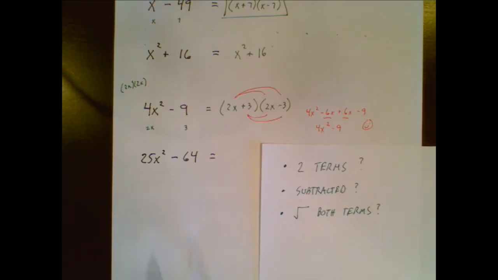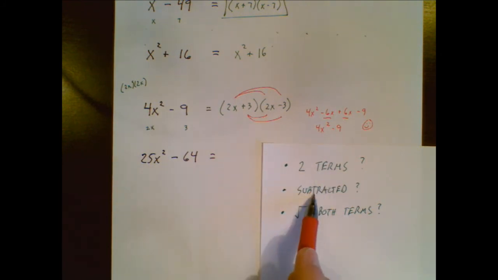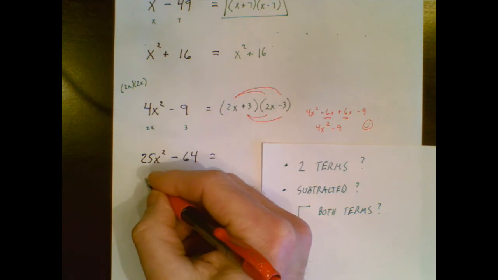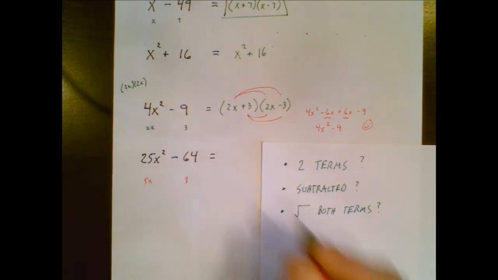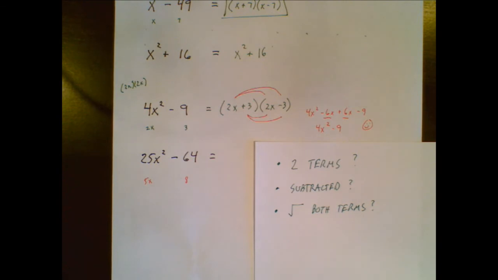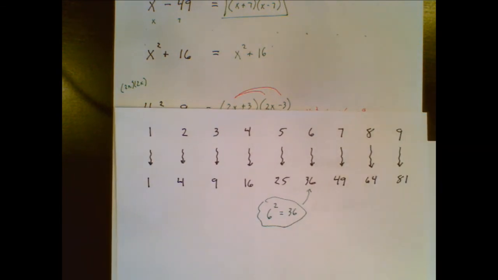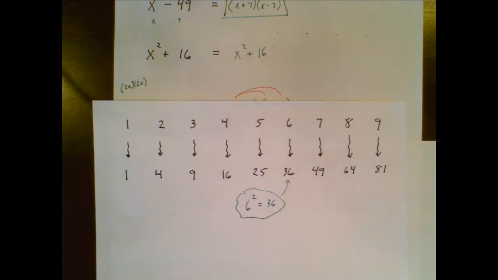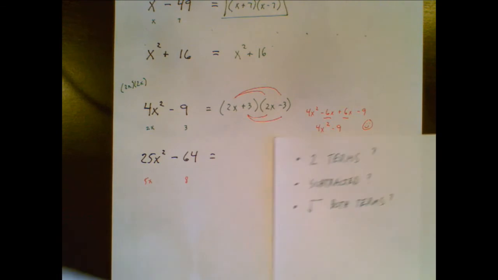Okay, the last problem. Are there two terms? Yep. Are they subtracted? Yep. Can I square root both terms? I certainly can. That is a 5x, and that is an 8. Remember, I should always have this list available or in my head. 8 squared is 64, or the square root of 64 is an 8.